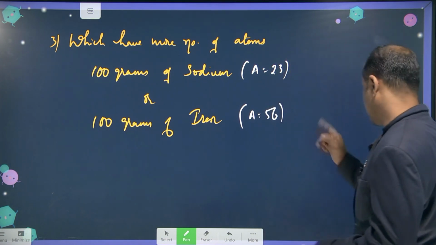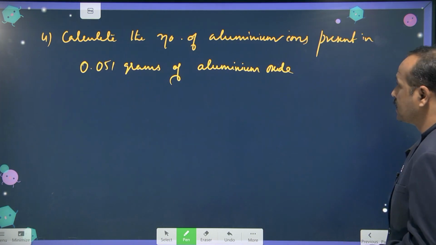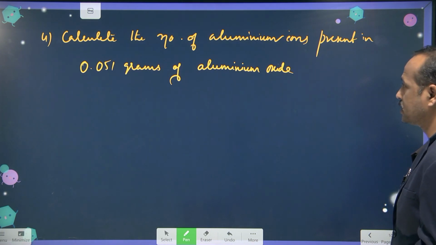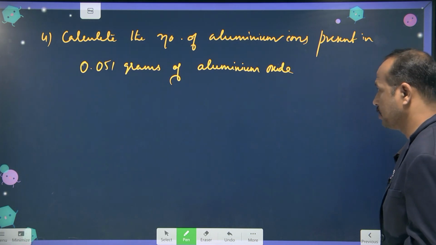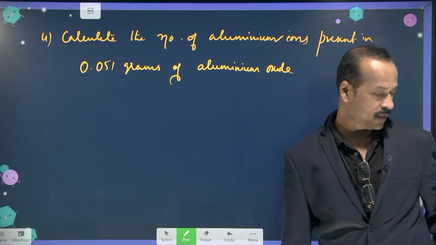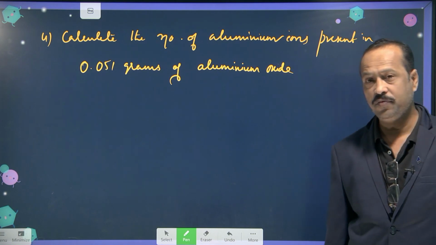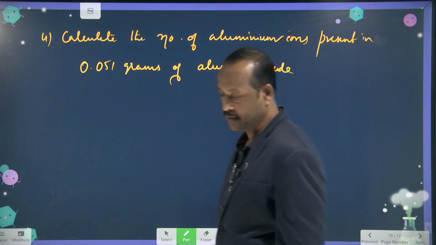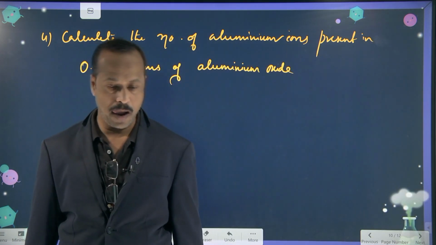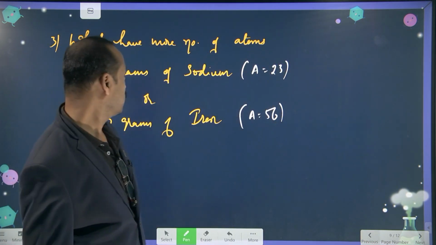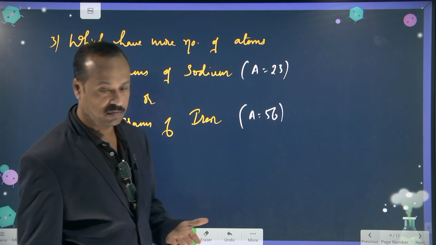Also take the screenshot of this sum: calculate the number of aluminum ions present in 0.051 grams of aluminum oxide. Right? In which will more number of atoms be there, 100 grams of sodium or 100 grams of iron?